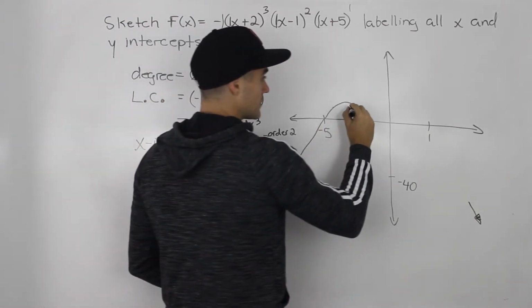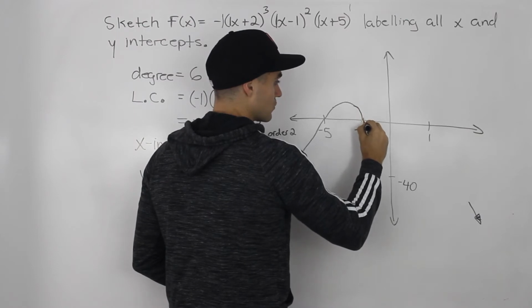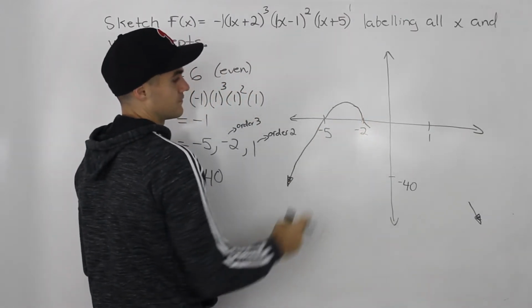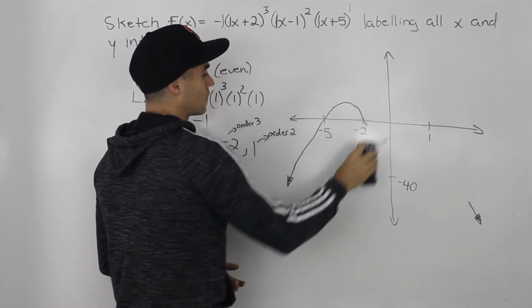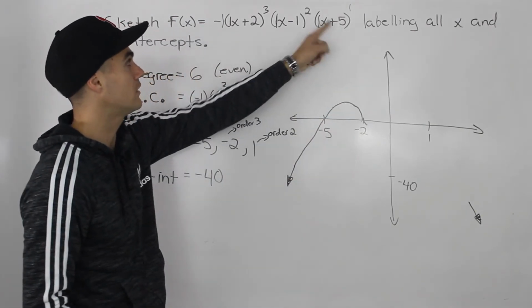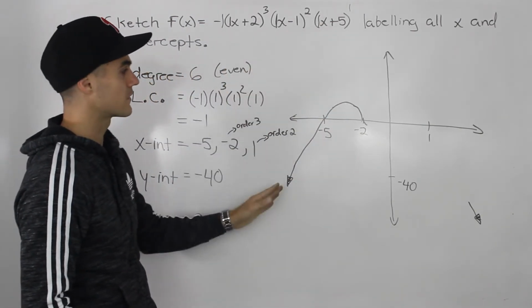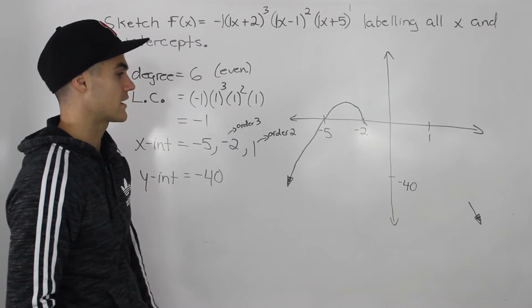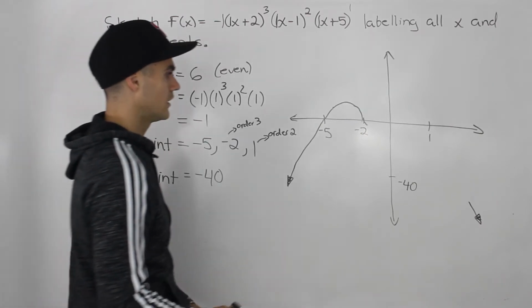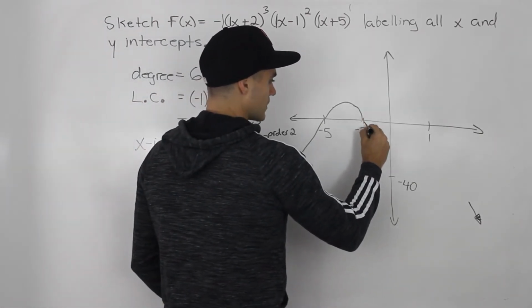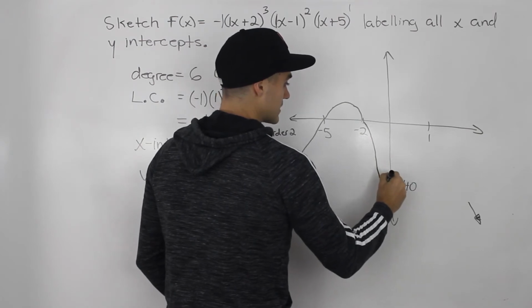What does that mean? That means that the function goes through the x-intercept whenever there's an odd order. So like an odd order of 1, odd order of 3, the function's always going through that x-intercept. And then it's going to get down to this -40.